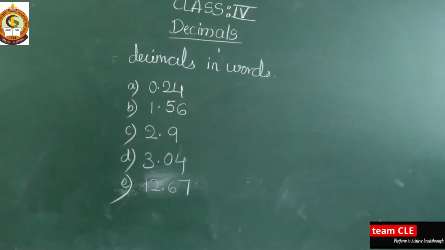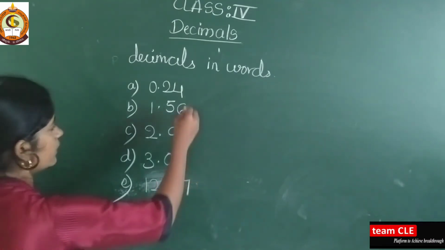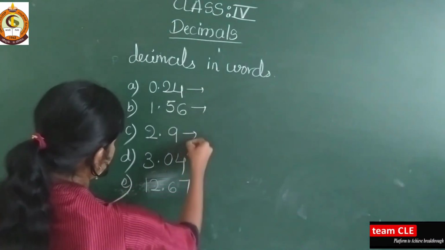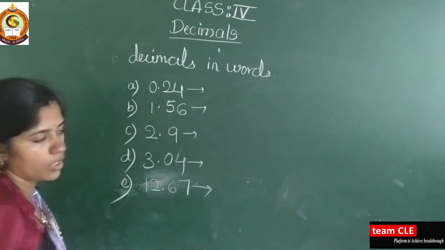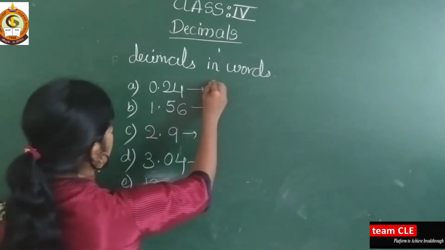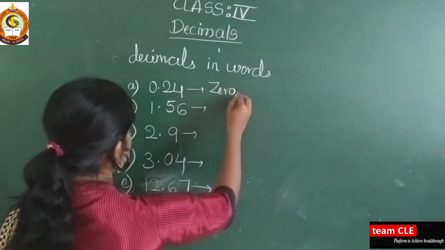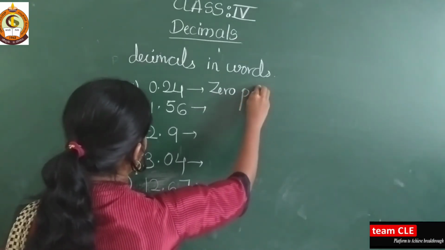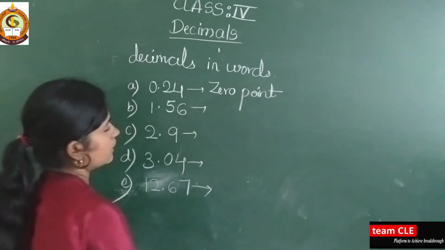Already I completed this lesson; I am solving the decimals part, the evaluate part. So how to write this? Write zero point, and don't read it as 24.